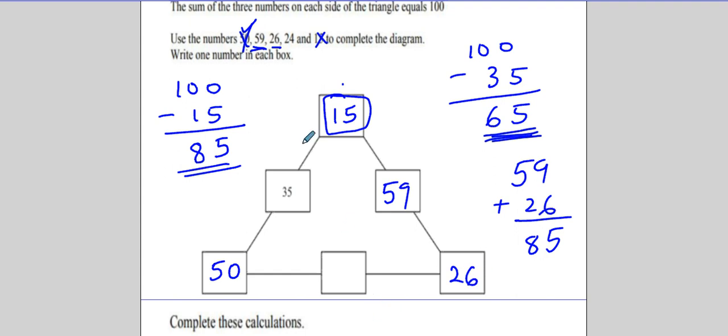Now 59 is gone, 26 is gone, so automatically the remaining number will be 24. See that? Let me check: 50 plus 24 plus 26. 24 plus 26 is 50, and 50 plus 50 is 100. Now 26 plus 59 gives you 85, and 85 plus 15 gives you 100. So done.